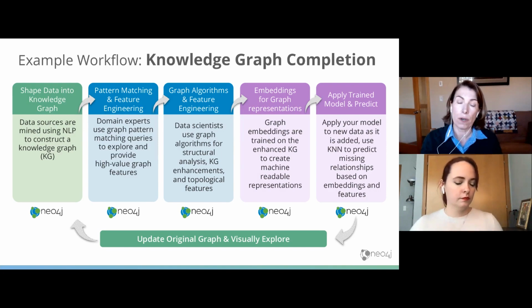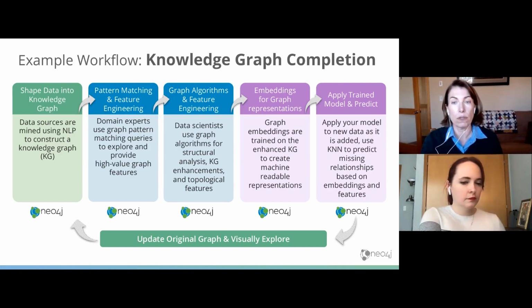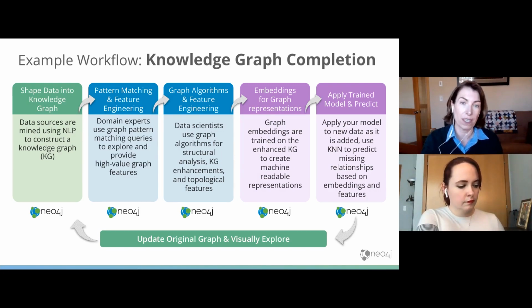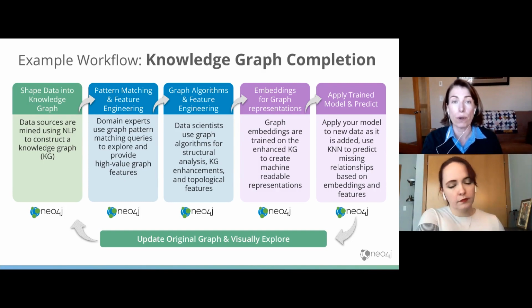What's different with what we're showing now is that you can do these steps within Neo4j. If you've seen us go through other demos where you go outside to do some of your machine learning, as Alicia showed you a moment ago, you can do all of this inside Neo4j now.